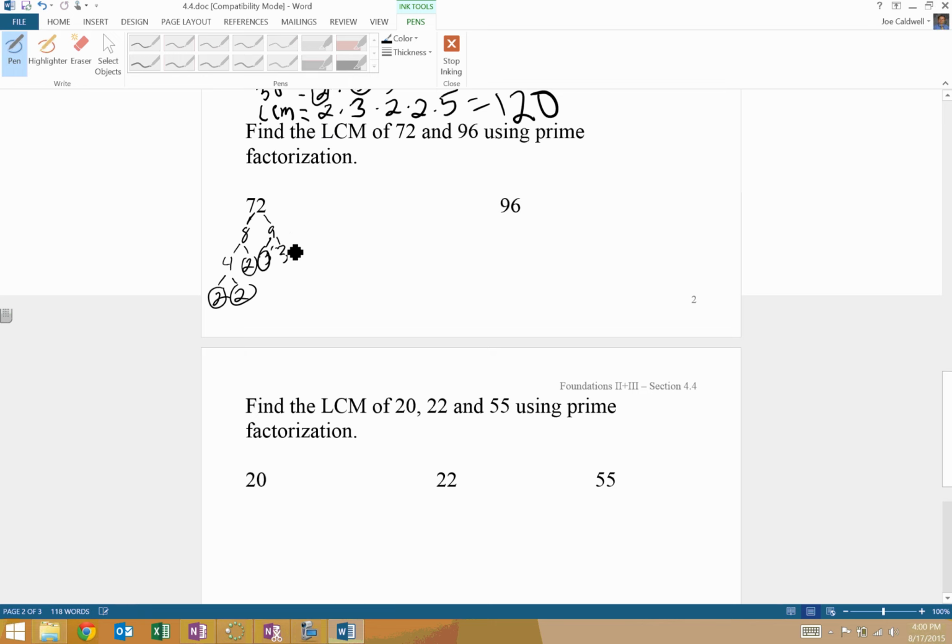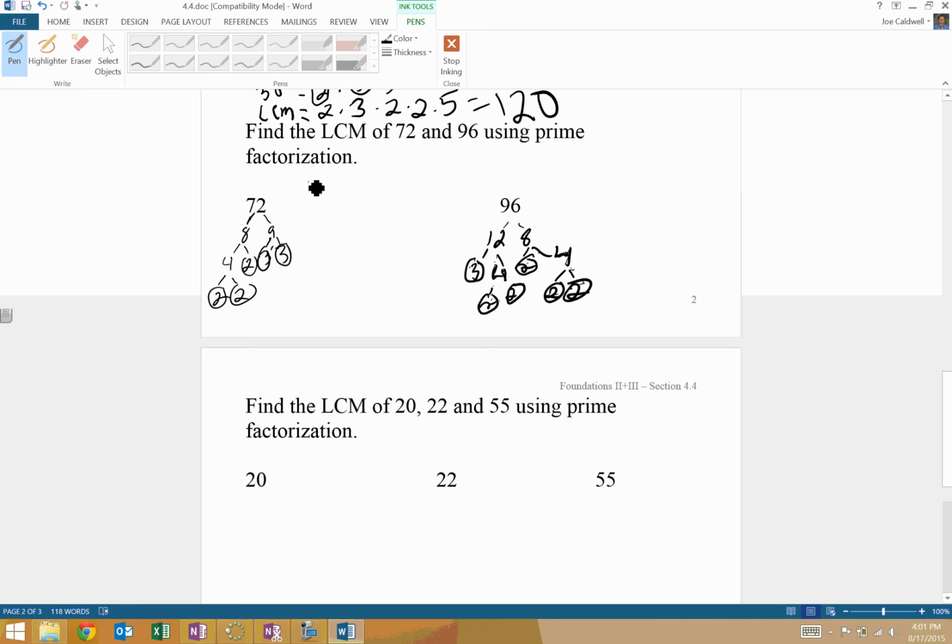I like to circle them just so I don't forget anything. 96. 96 we could divide by 12. 12 and 8 actually equal 96. So then we got 3 and 4, 2 and 2. Sorry, that's a 4. Trying to save myself some space here. Okay, so let's not forget some of these 2's.